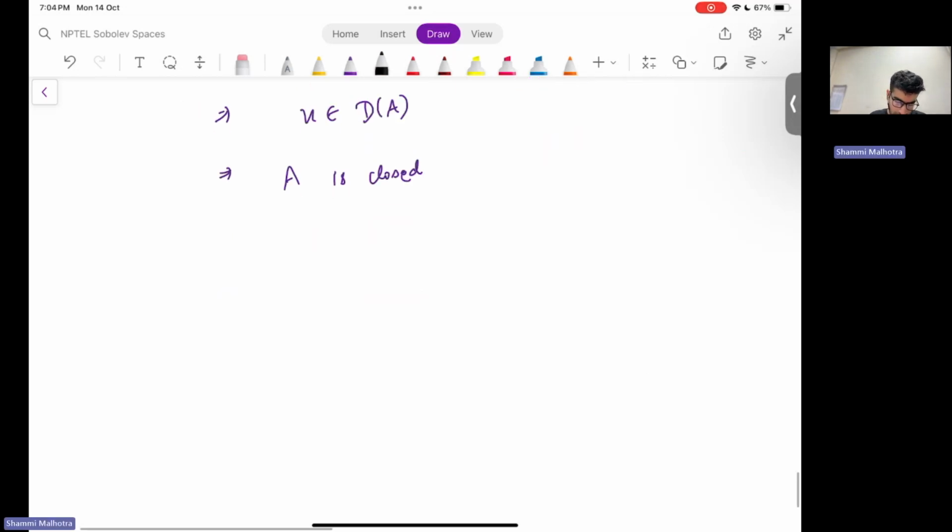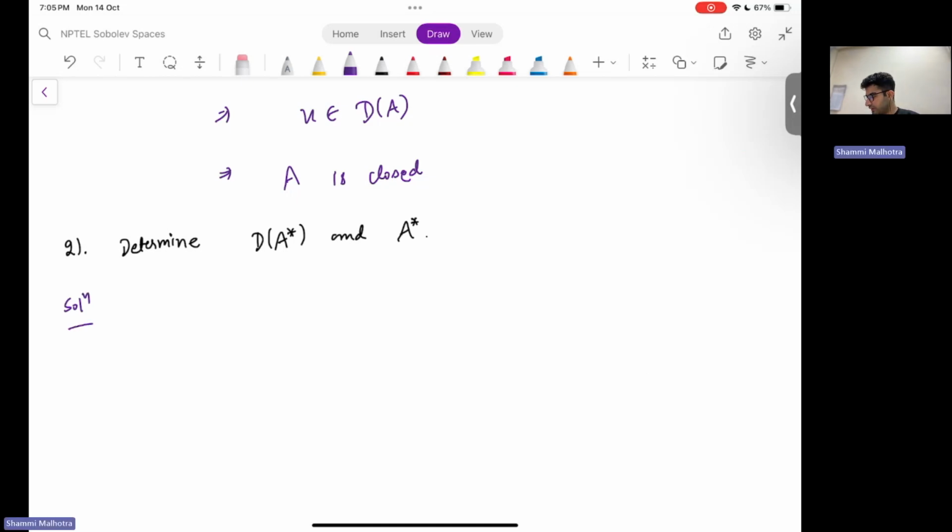So this is important as well. Determine D(A) star and A star. So how do I define D(A) star?